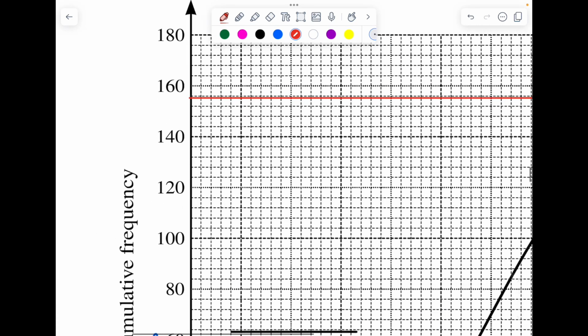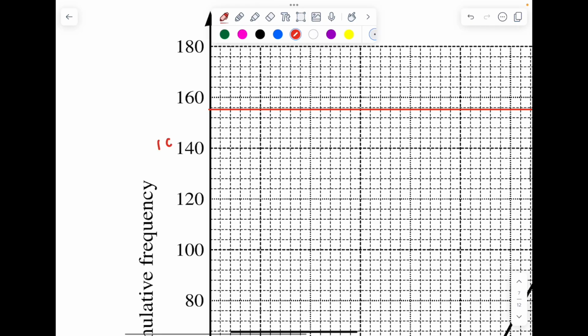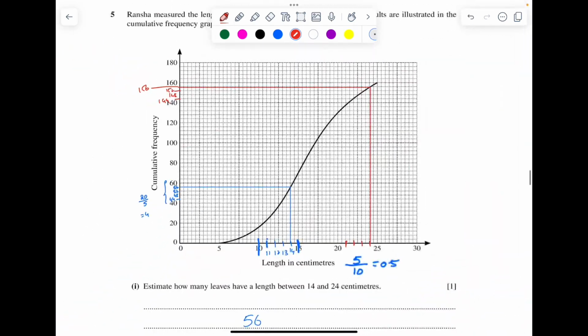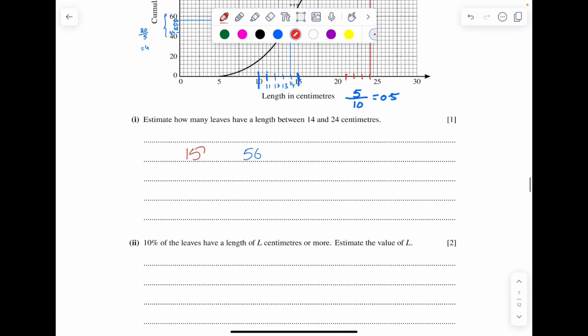So it's going to be 144, 148, 152 and 156. It's going to be 156. So 156 minus 56. So what is going to be that? 100. So it is 156 minus 56, which is going to be 100.